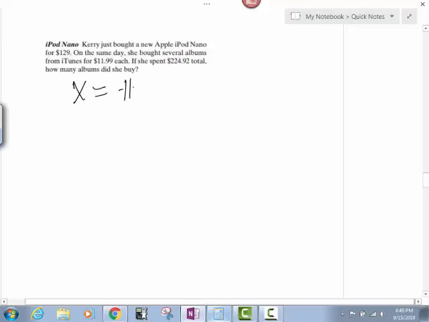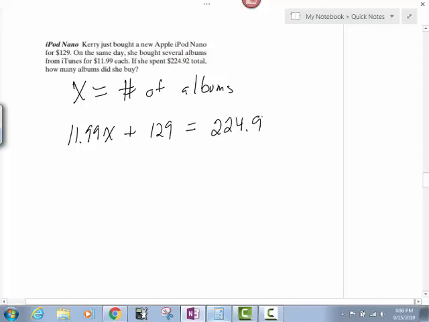X will be the number of albums. Okay. So we know that each album is $11.99. The Nano was $129. Total bill came out to $224.92. This problem is similar to the one we just did. We're going to subtract off the $129 first.